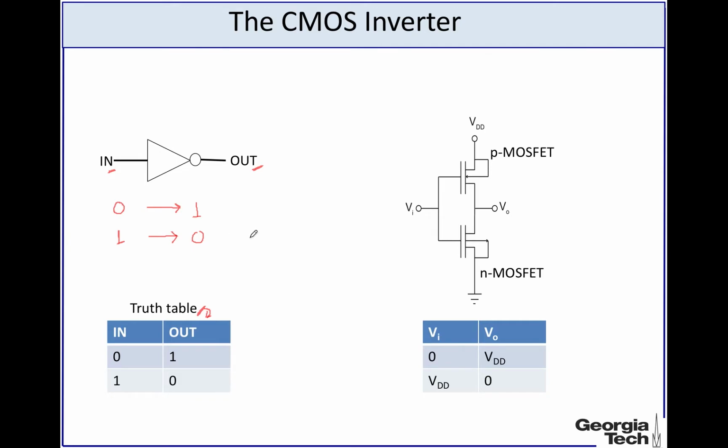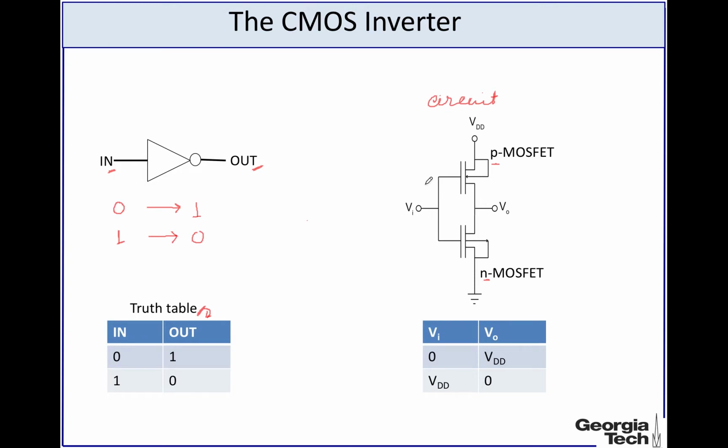Physically, a CMOS inverter is implemented by a circuit that looks like this. This is the circuit implementation of a CMOS inverter, and in this CMOS inverter you essentially have a PMOSFET and an NMOSFET connected like this.